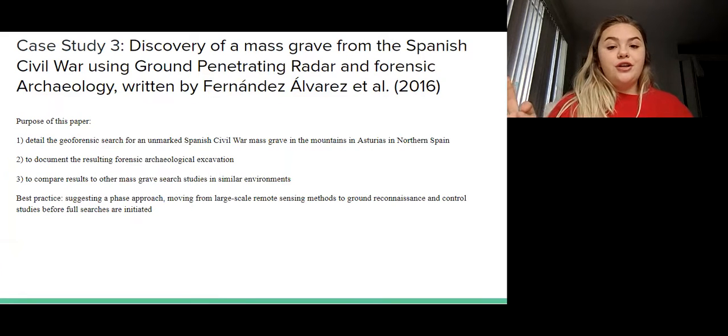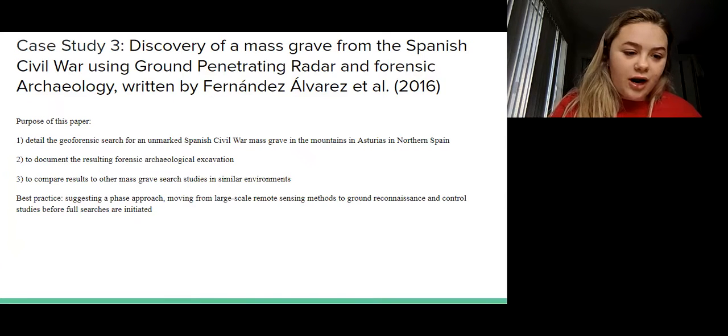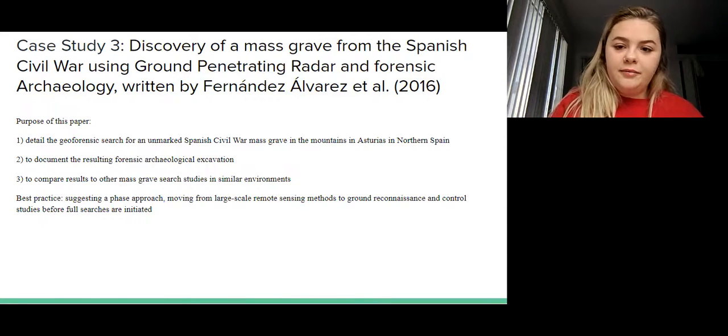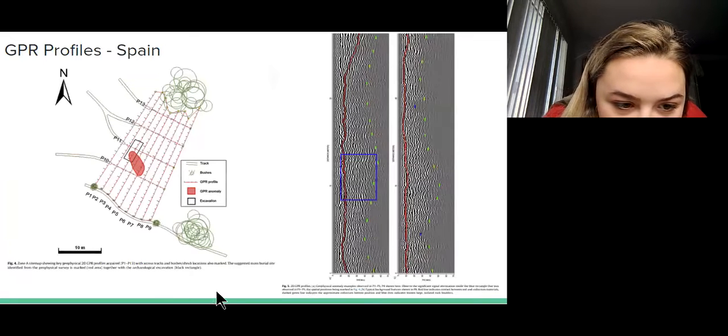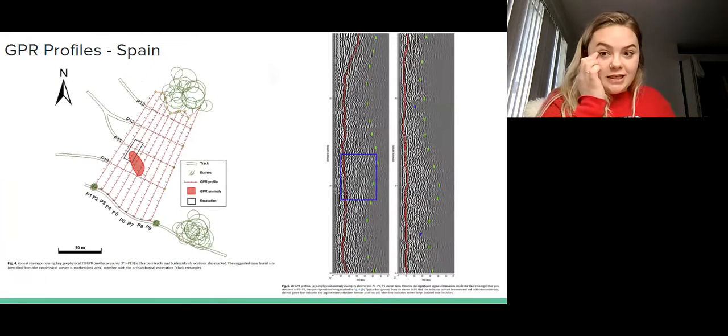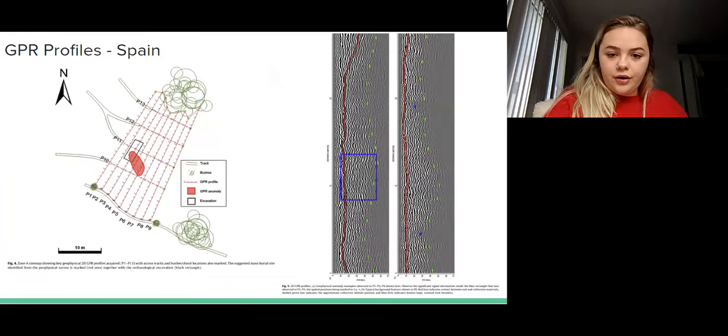In this further geophysical data acquisition, a GPR Mala ProEx system was used to collect 2D profiles, which are shown in figure 3 if you would like to look back on the article.